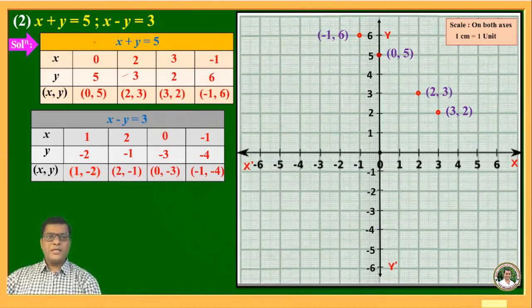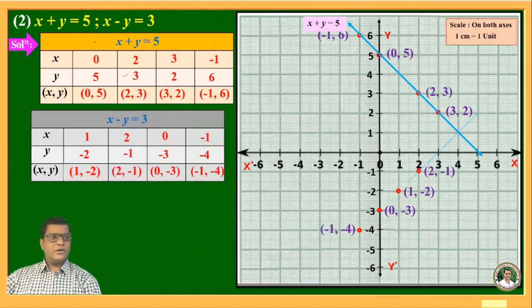If we draw the line passing through them, this is the graph of the equation x plus y is equal to 5. Similarly, we will plot 1, minus 2 of the second equation, then 2, minus 1, 0, minus 3 and minus 1, minus 4.